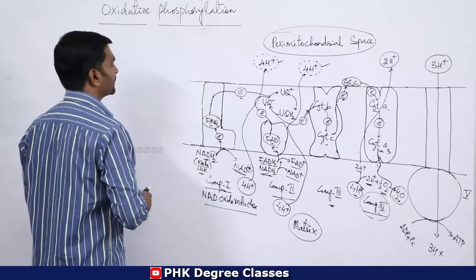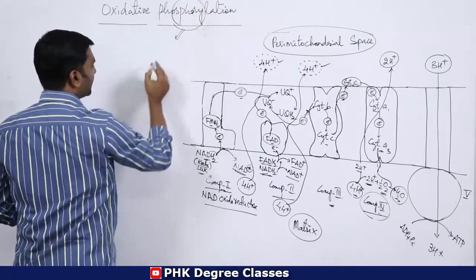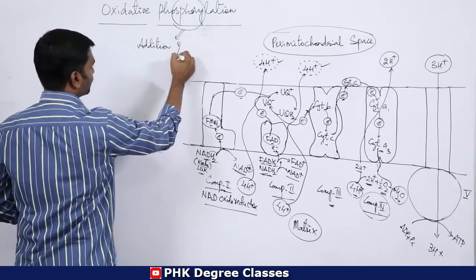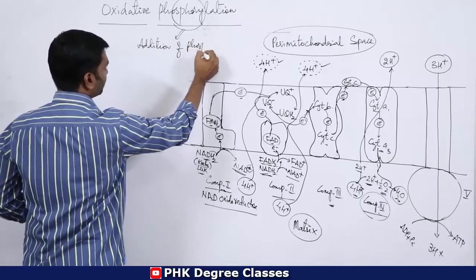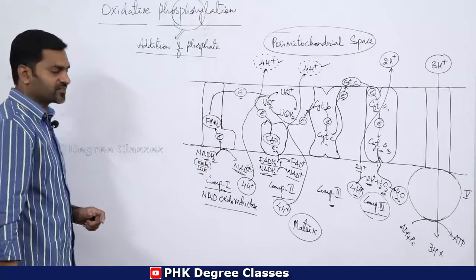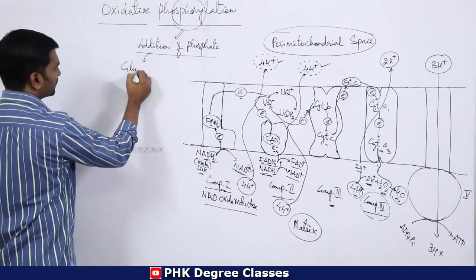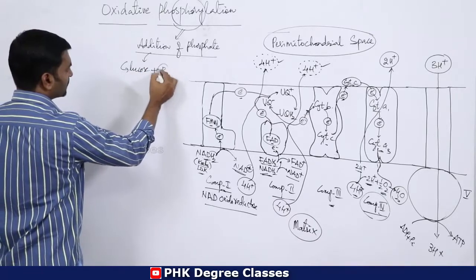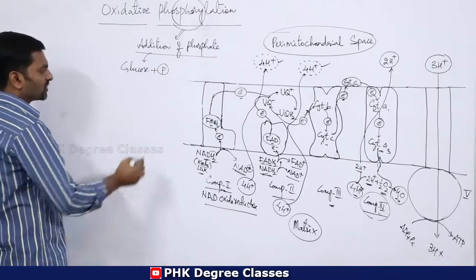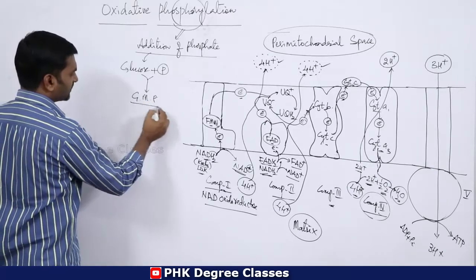Remember my dear students, whenever you hear the term phosphorylation, it indicates addition of phosphate to any compound. For example, if you add one phosphate to glucose, it will become glucose monophosphate.